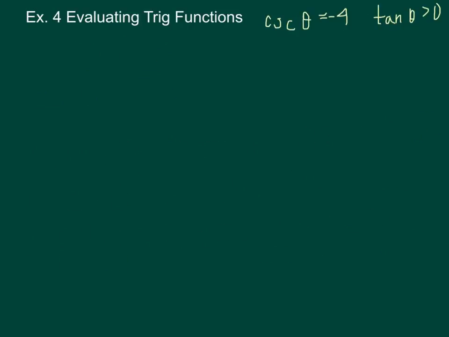Okay, in this example, it says that cosecant of theta is -4. I'm going to put it over 1. Remember, cosecant is hypotenuse over opposite. And tangent is positive. So first I have to figure out where is this ordered pair, or where is this point?